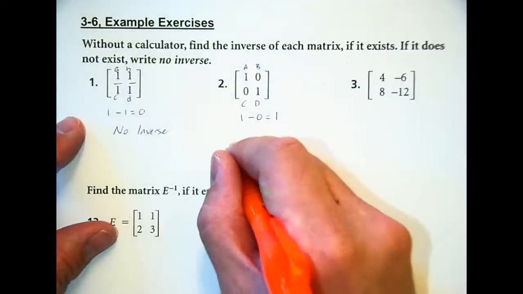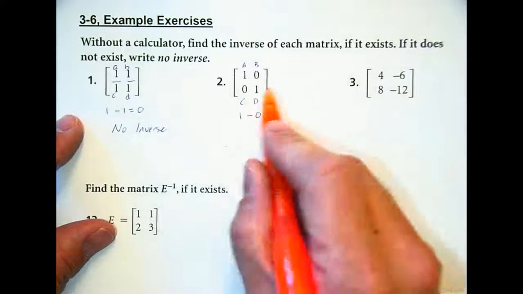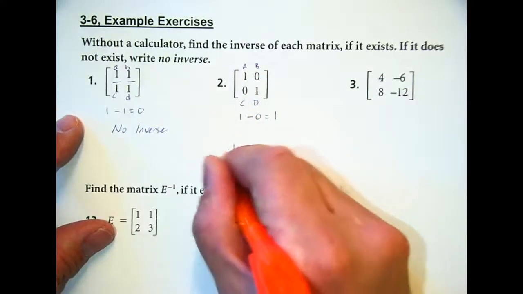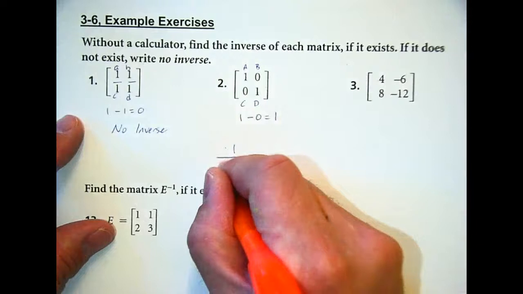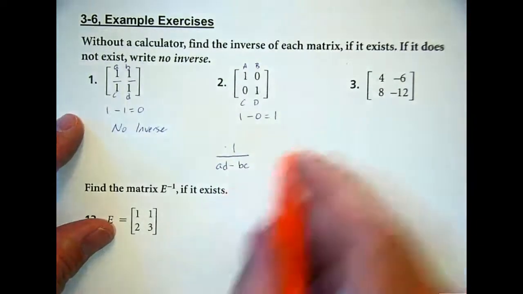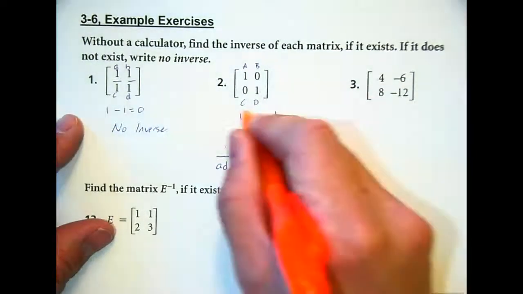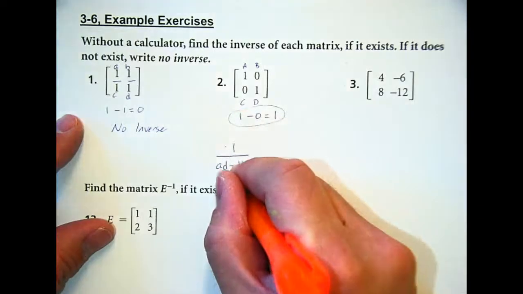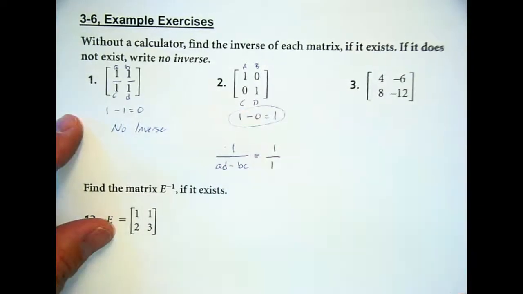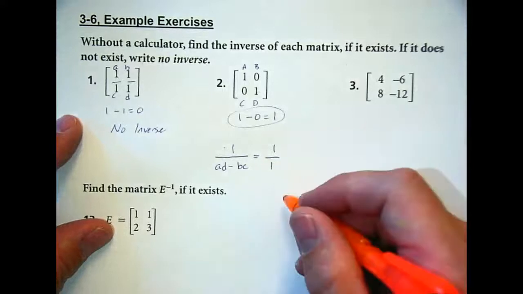Yeah, so, well, yeah, you're multiplying by an identity here, right? But let's check this out. Remember, to find the inverse, we go 1 over AD minus BC. We know that AD minus BC is 1. So we put that on the bottom. So that is equal to 1 over 1, which you look at and you go, well, that's just 1.